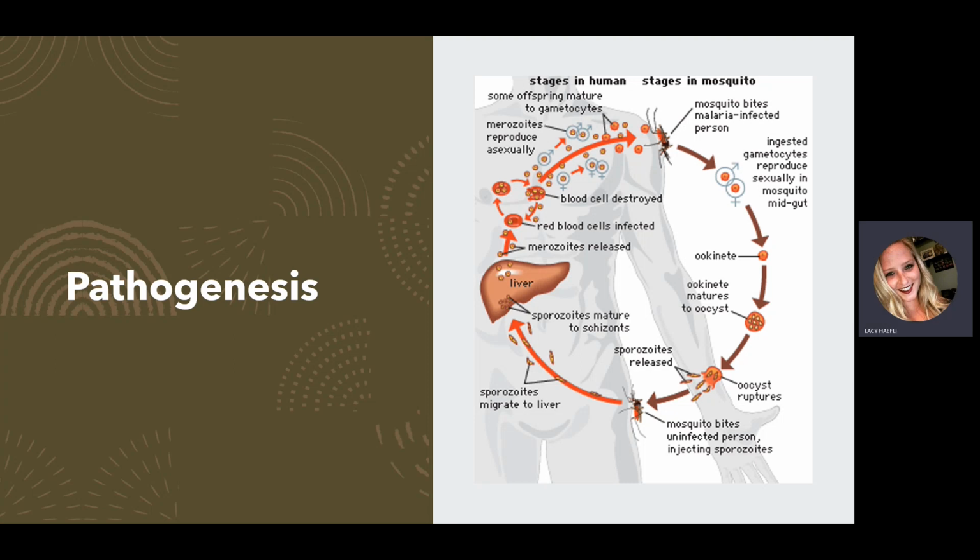When they mate, the gametocytes form zygotes, which are the embryos, and they then embed themselves into the gut of the mosquito, where they will mature for 9 to 14 days until they turn into oocysts. They then will break out and release thousands of sporozoites, which travel to the salivary glands of the mosquito. This is where they are ready to be injected into the next person to start this whole cycle over again.